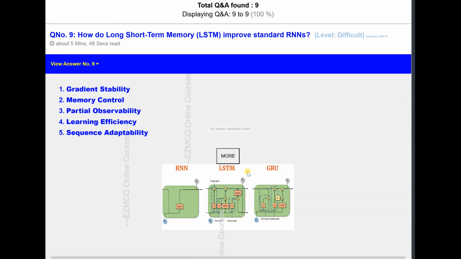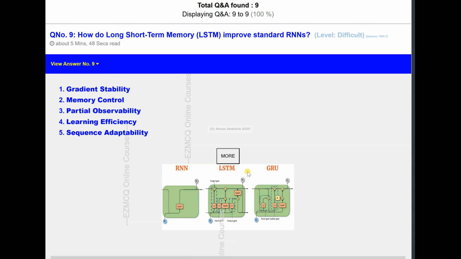So LSTMs offer several optimization benefits over standard RNNs in deep reinforcement learning. Their architecture improves the gradient stability, which is not the norm in RNN, so that allows better learning from delayed rewards. We have discussed what is meant by delayed rewards.